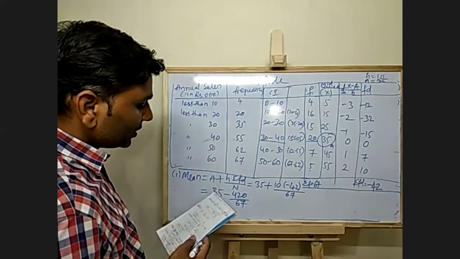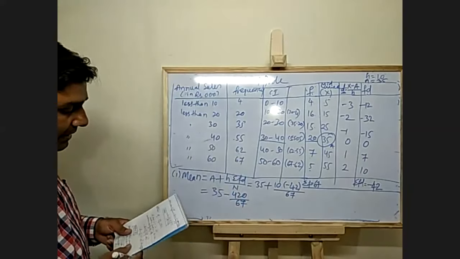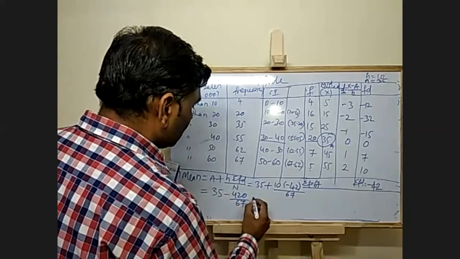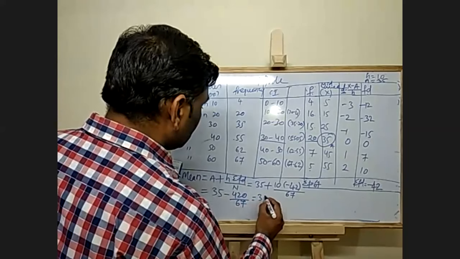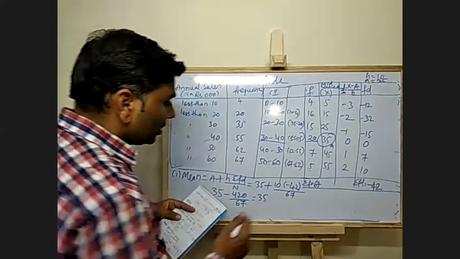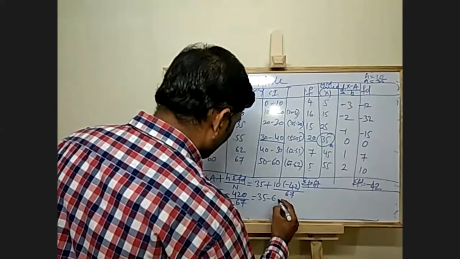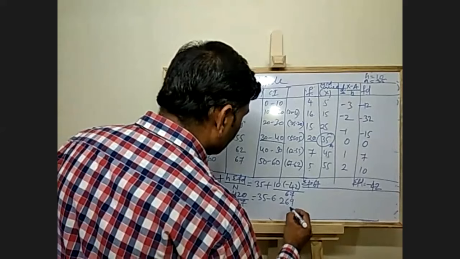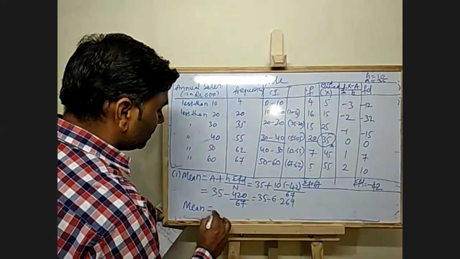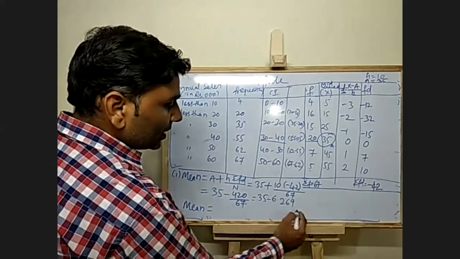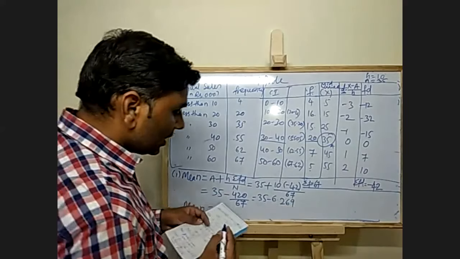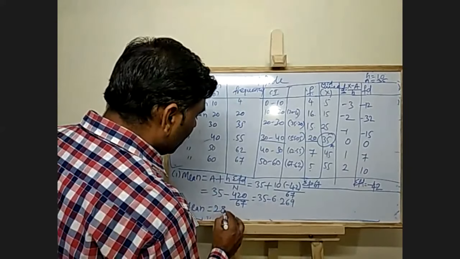So this will be 35 minus 6.269, which will give me mean equal to 28.731.